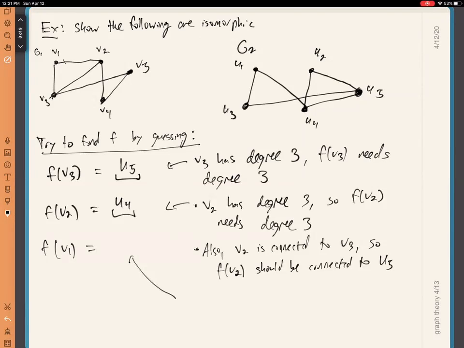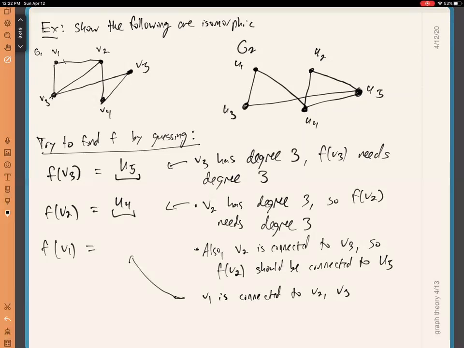Let me write it down as well: v1 is connected to v2 and v3, to which we've already assigned values. And so whatever I pick for f of v1, it has to be connected to u5 and u4. And it also has to have degree 2.